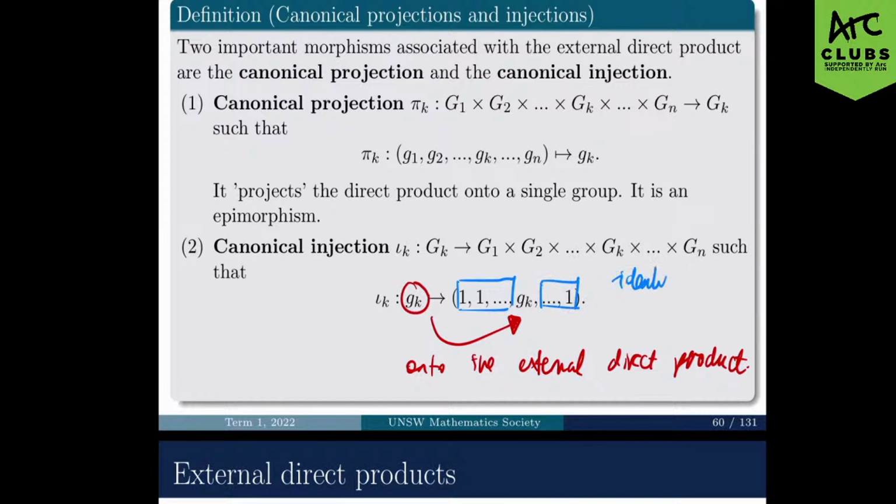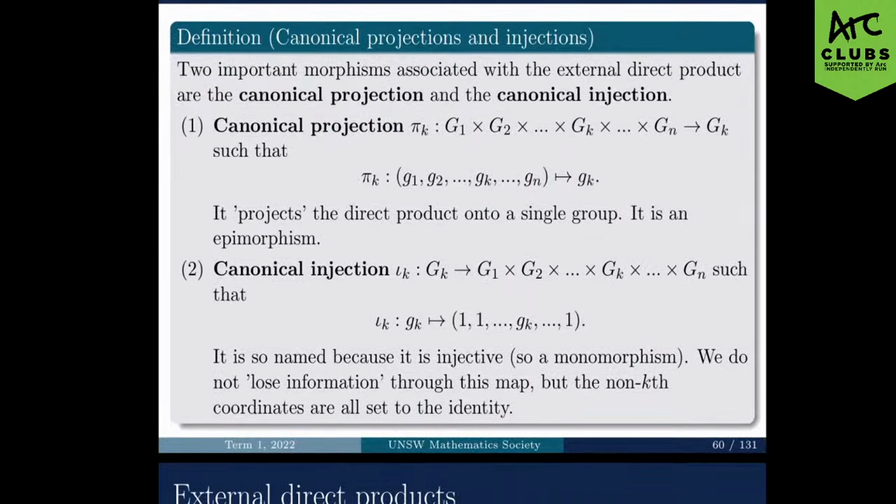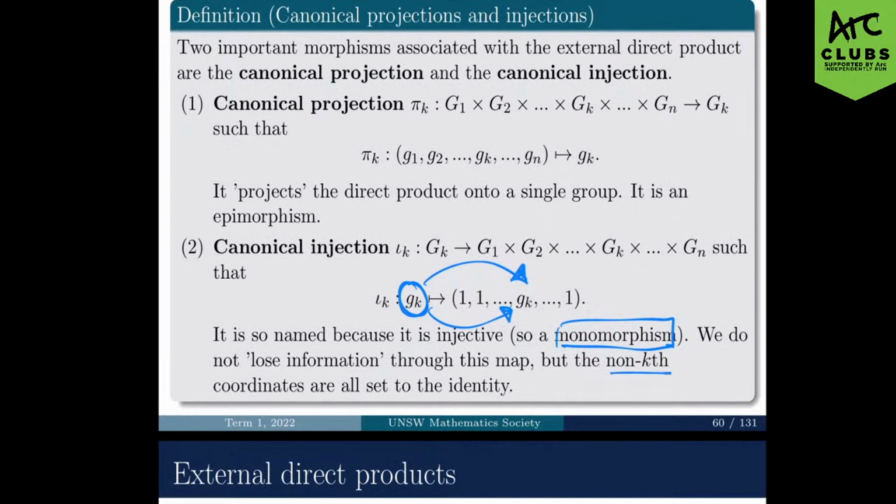So you don't want any new information. This is injective as well because you don't lose any information when you go from there to there. You keep all the information about what Gk is. So it's called a monomorphism. All the non-kth coordinates are set to the identity, and we use the Greek letter iota.